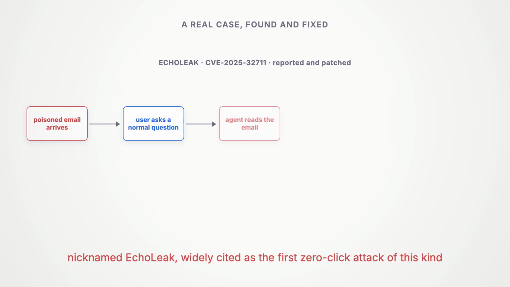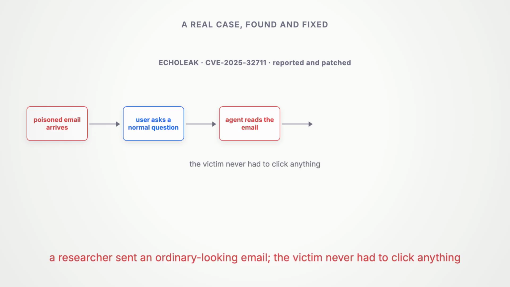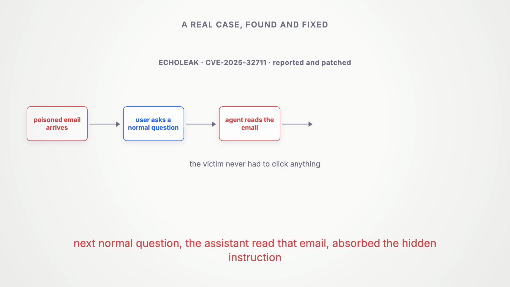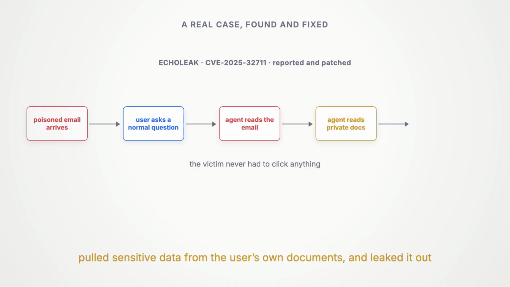In a widely used corporate assistant, a researcher could send an ordinary-looking email. The victim never had to click anything. The next time they asked the assistant a normal question, the assistant, doing its job, read that email, absorbed the hidden instruction, pulled sensitive data from the user's own documents, and leaked it out.